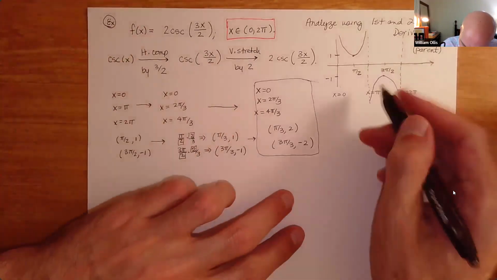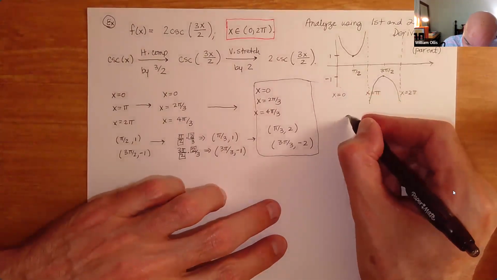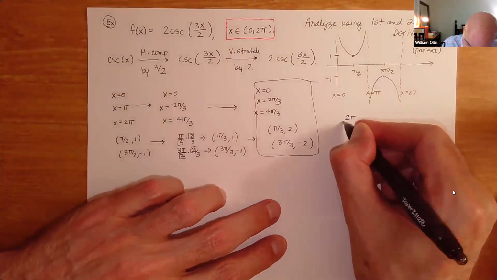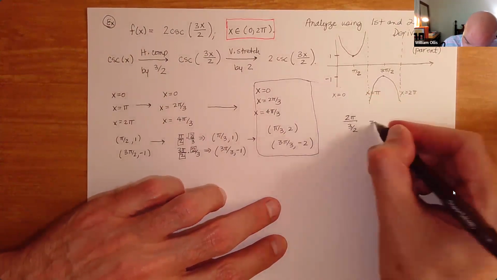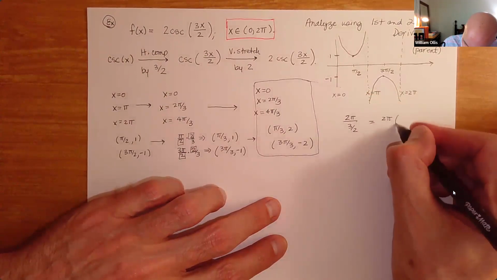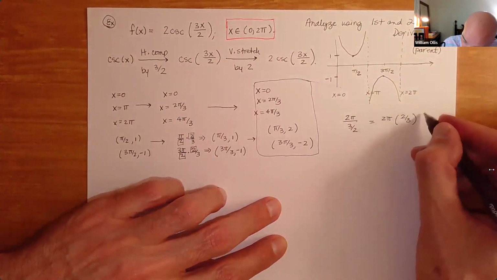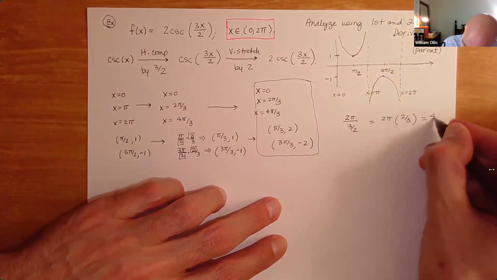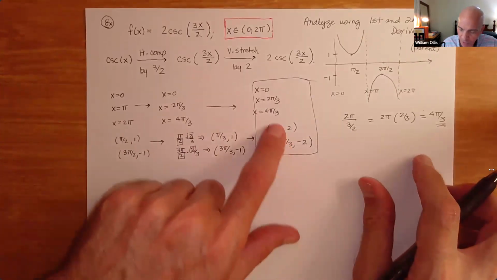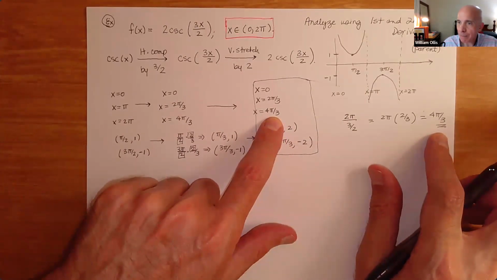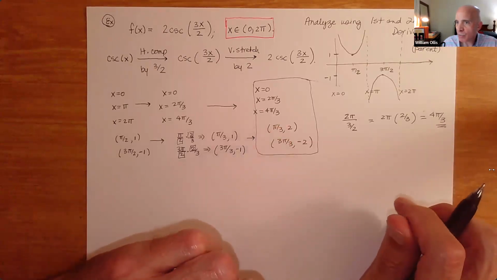Now notice, if you think about this in terms of pre-cal, we have the standard period is 2 pi. And if we divide by the coefficient of X, which is 3/2, that gives us 2 pi times 2/3, which gives us 4 pi over 3. So this is in agreement with what we have here. So we're going to have an additional piece that we need to work with.